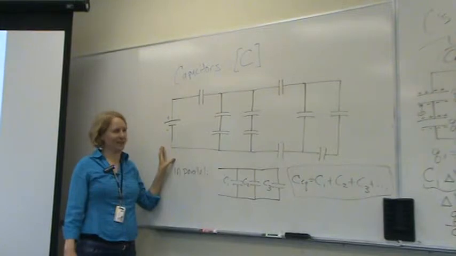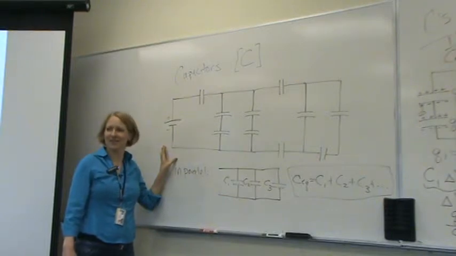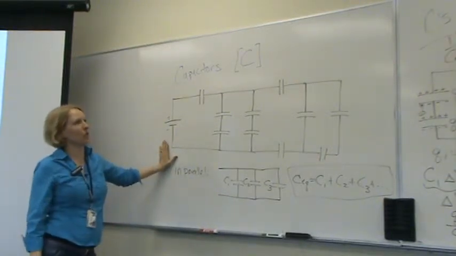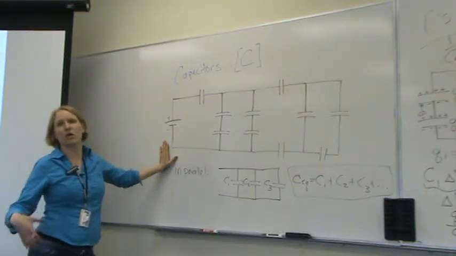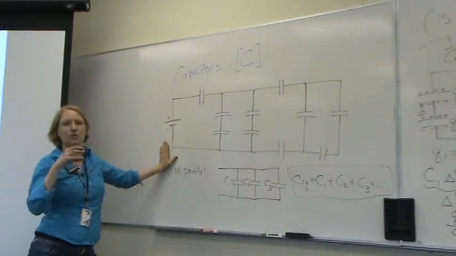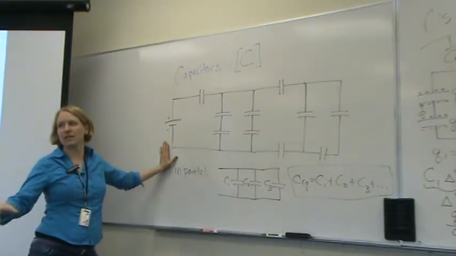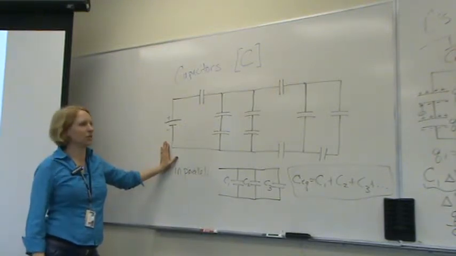Don't even try it, unless you've got your black belt in circuits, which I don't. So what we do is we look for combinations of capacitors that are in series or in parallel, and we'll reduce those combinations one step at a time until we slowly get down to just one final equivalent capacitor in the circuit.